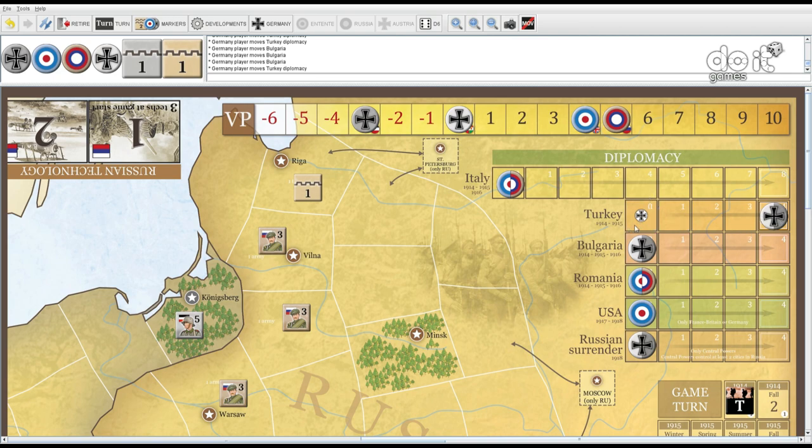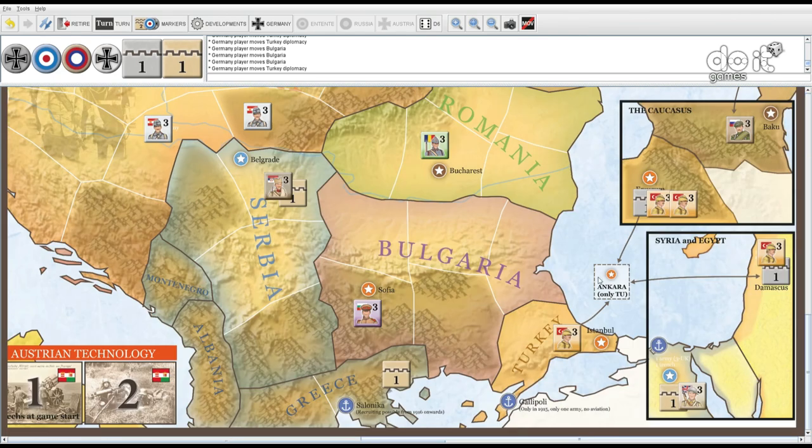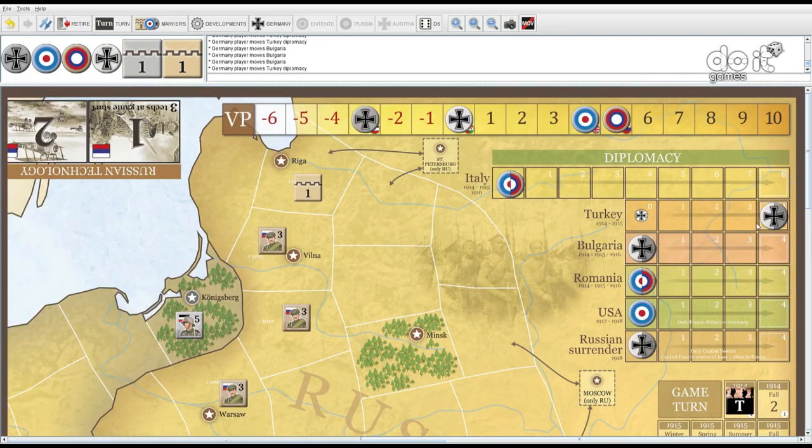In that case, it joins the Austro-Hungarian side, and at the end of the game, both sides will receive 1 victory point. Remember that you can receive victory points basically by 2 things: conquering cities or reaching the end of each track here.